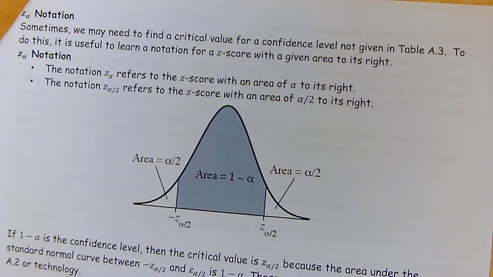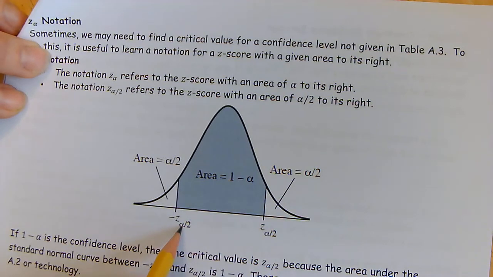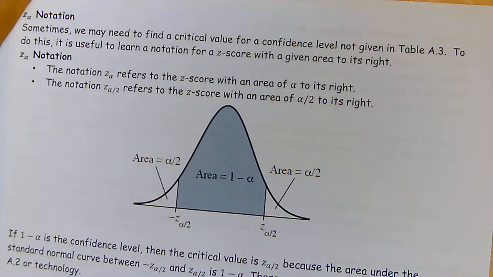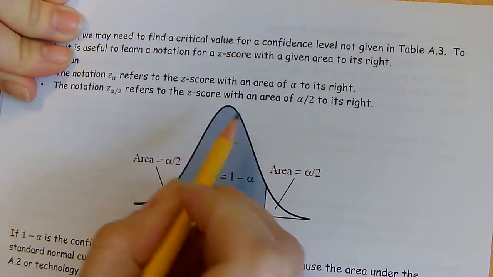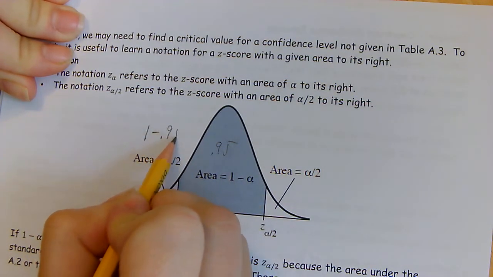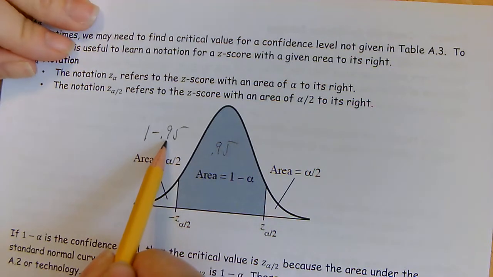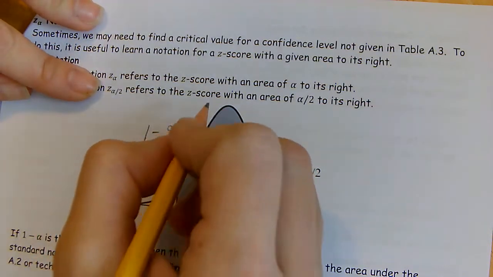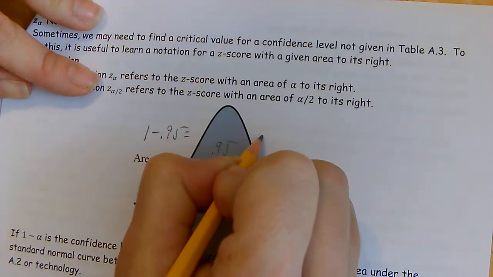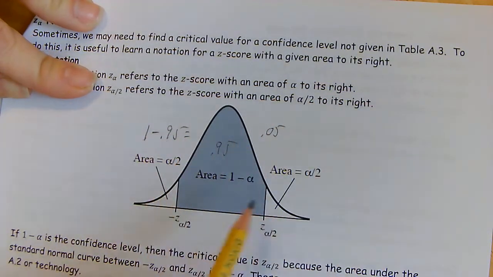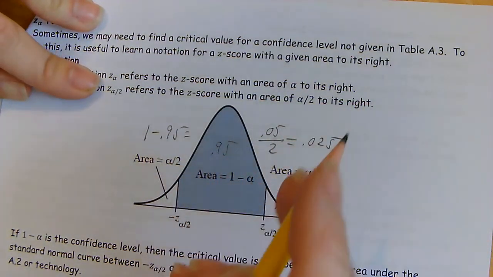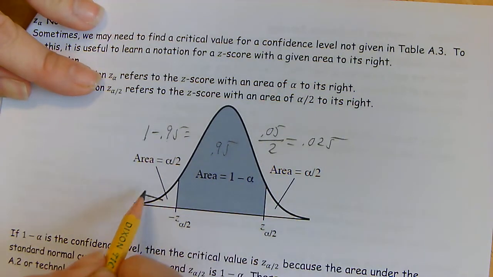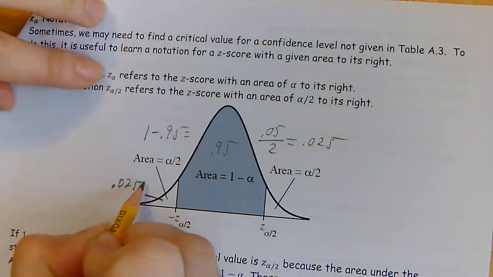Critical z value notation. If you notice, the level of confidence goes with this alpha. So before, when we had 95% confidence, one take away that is 5%. Then I have to divide that between two equal tails. So the area under the curve is 0.025.